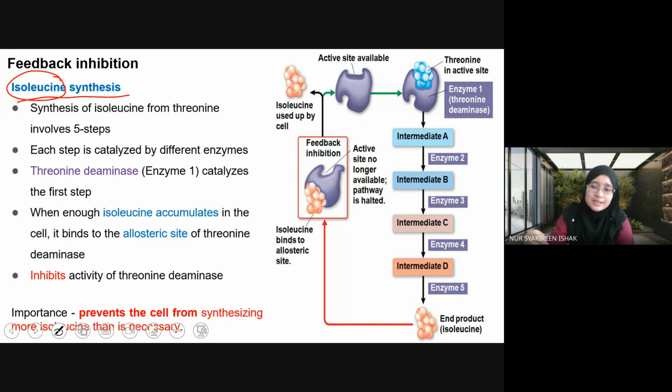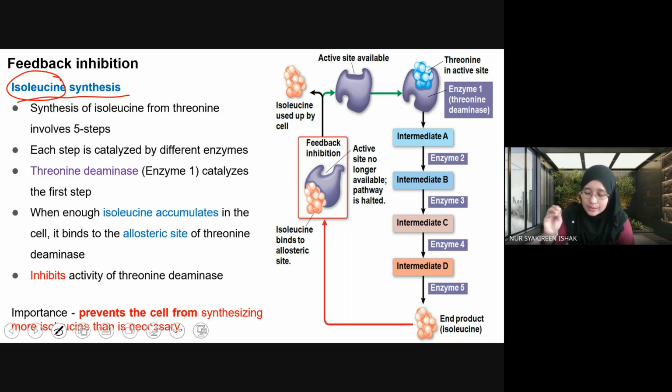So this pathway, if I'm not mistaken, involves the reaction that occurs in a bacterial cell. If I'm not mistaken, you can check. Okay, so for this one, it says here the synthesis of isoleucine from threonine involves 5 steps.